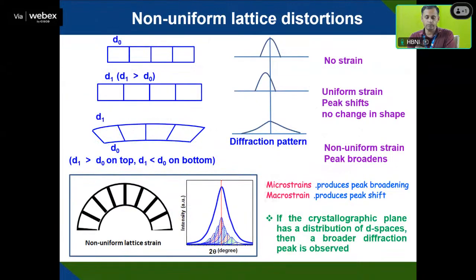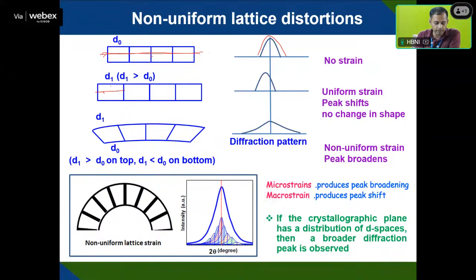If you see the non-uniform lattice distortion, you can see this is a perfectly oriented set of planes, and here D1 is slightly greater than D0. You can see if no strain is there, it is like this, so you will get symmetric peaks. But when strain is developed, that is elongated in one direction, you can see with uniform strain the peak shifted, but no shape change.